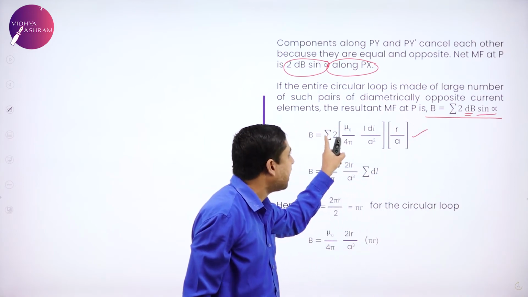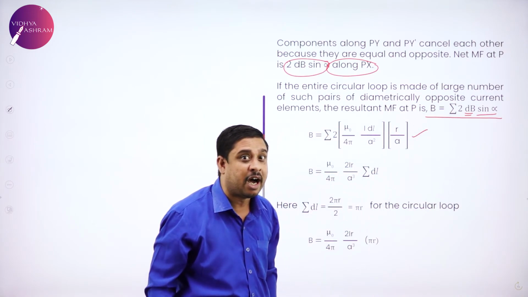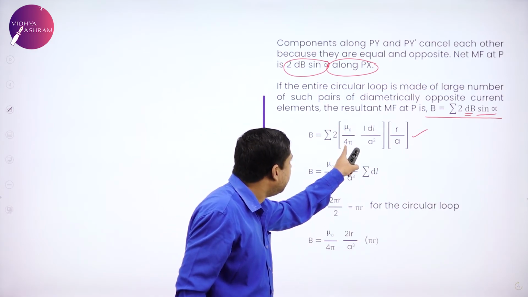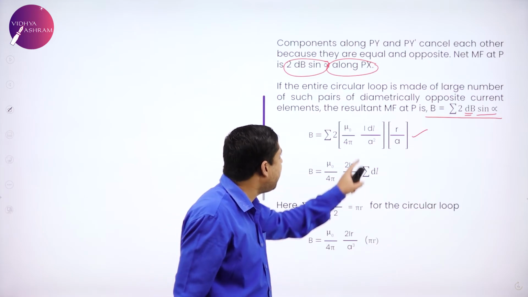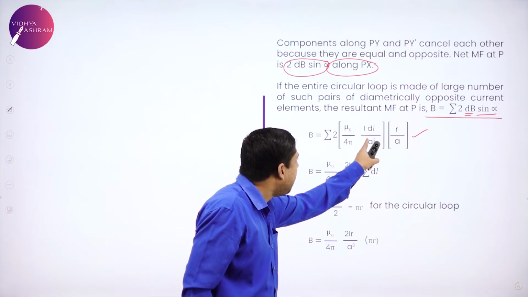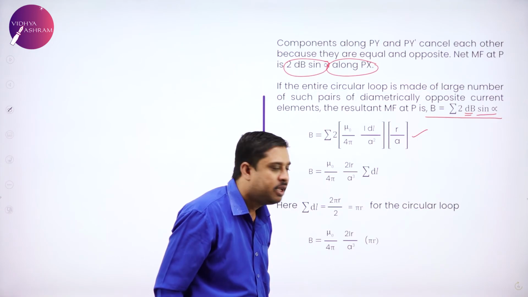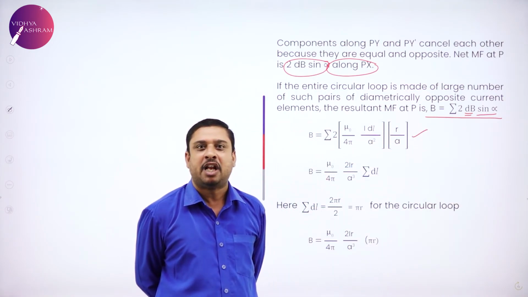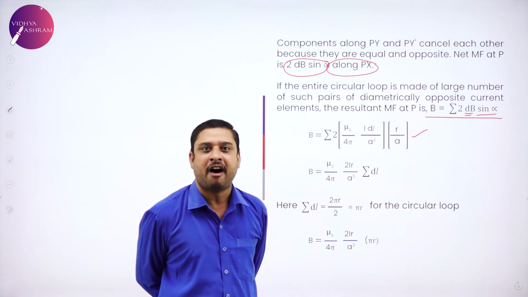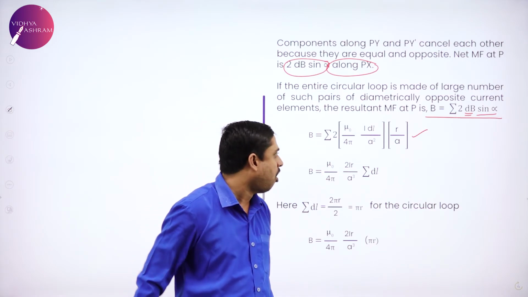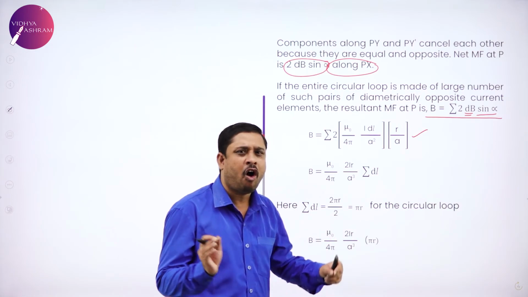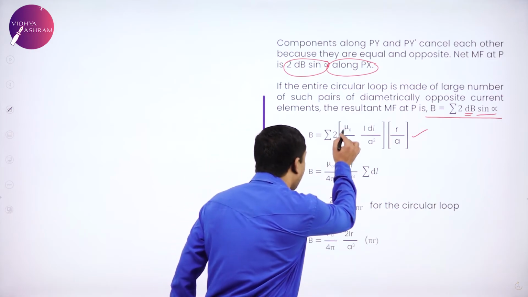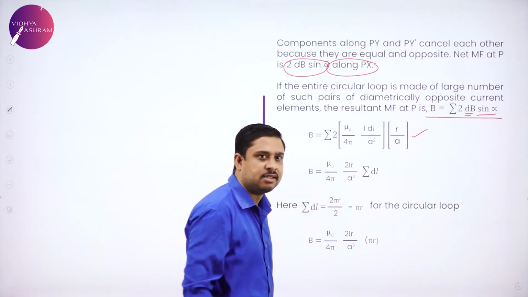I have written it like that. We calculated dB from two current elements, mu naught divided by 4 pi IdL by A square. Where did this R by A come from? sin alpha I have calculated earlier, which is R divided by A. Or putting all constant terms together, mu naught by 4 pi is a constant.